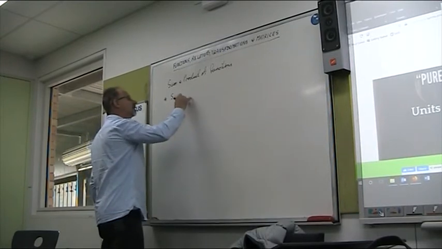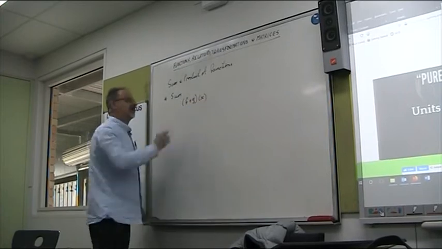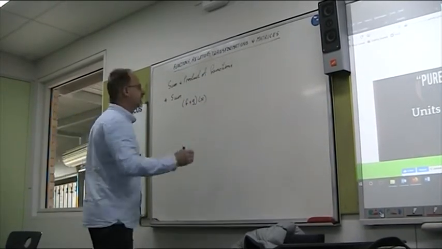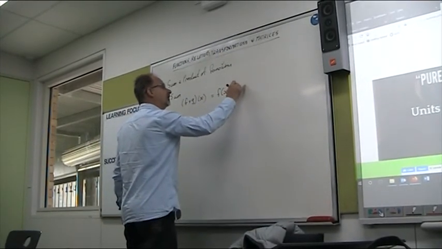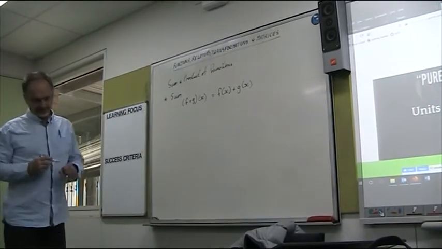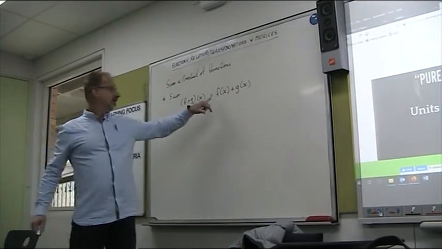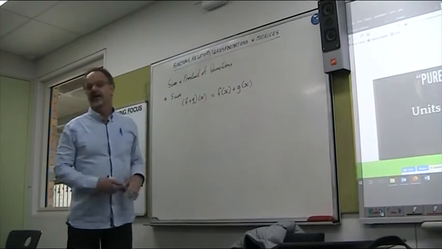So if it's written like this, f plus g of x, what that actually means is that you add those two functions together. Alright, so it's just adding them together.